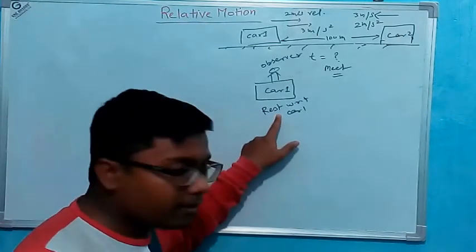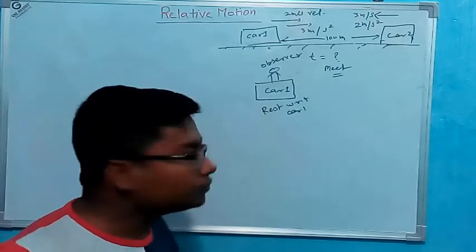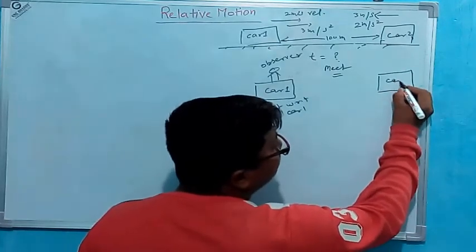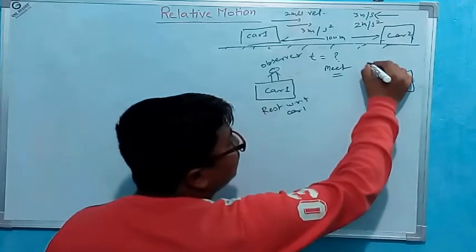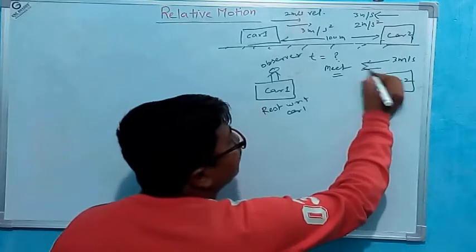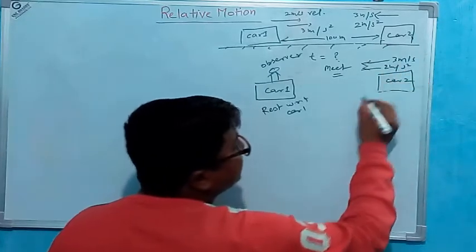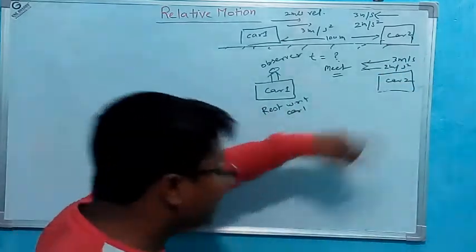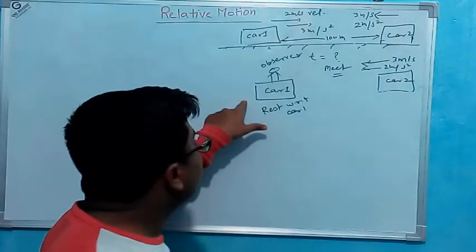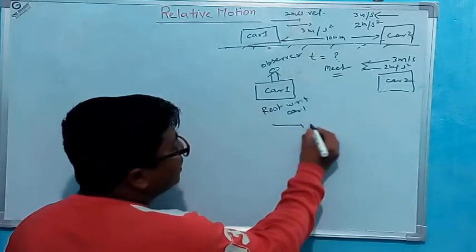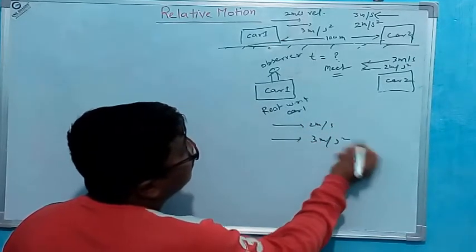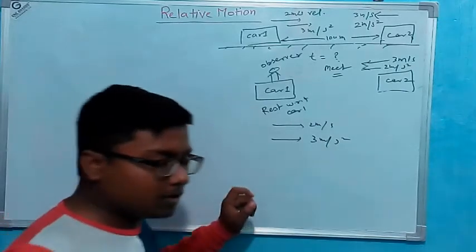Okay, and this is car 2, which is moving with 3 meter per second in this direction and 2 meter per second square acceleration in this direction. Okay, but we can't neglect the speed and acceleration of car 1.